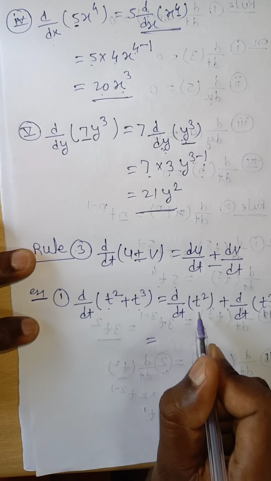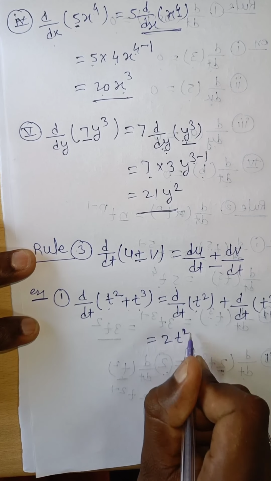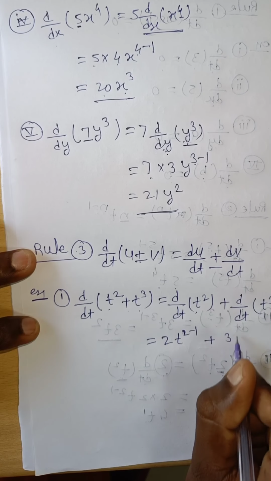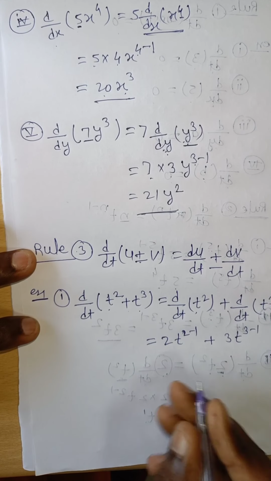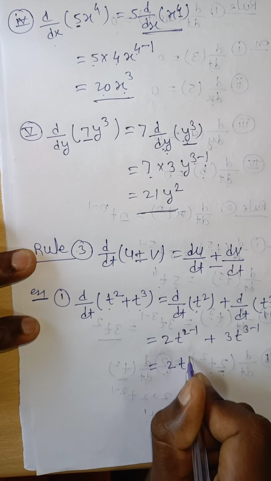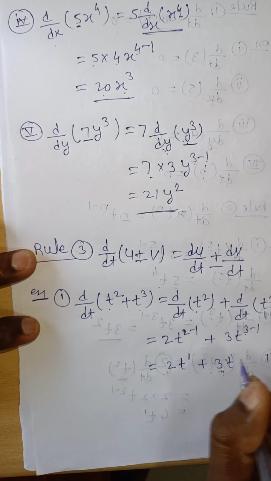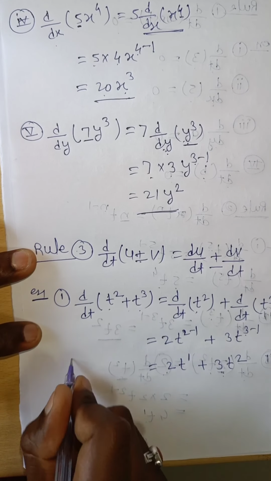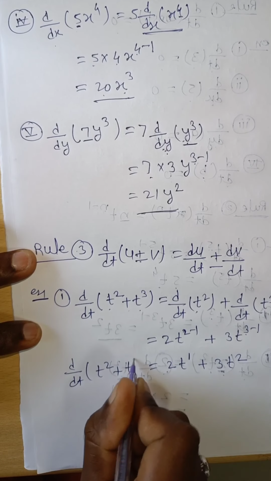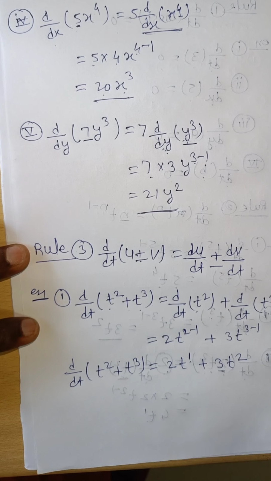Then you know that d by dt of t square is 2 into t to the power of 2 minus 1, plus d by dt of t cube, which is 3 into t to the power of 3 minus 1. So this is 2 into t to the power of 1, plus 3 into t square. Then d by dt of t square plus t cube is 2t to the power of 1 plus 3t square.